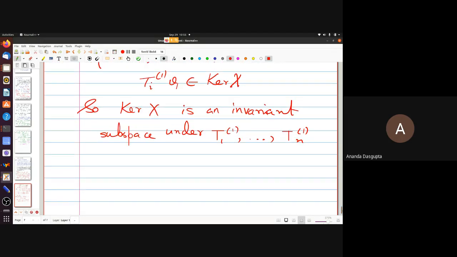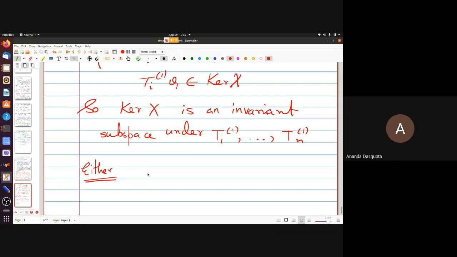So now what can you say? We have already said that T11 to T1n form an irreducible set of operators on V1, and we have now found that for this operator X between V1 and V2, we have a kernel which is invariant under T11 to T1n. So what can you say about kernel of X? There are only two choices, right?